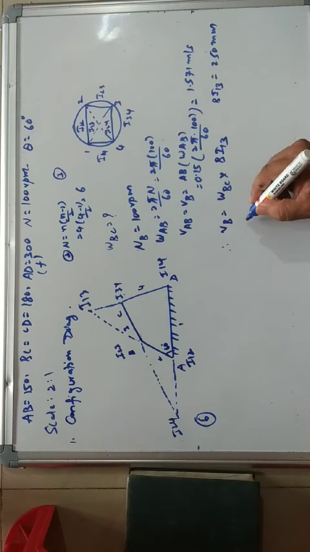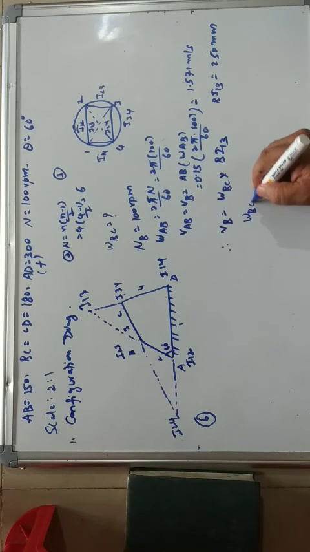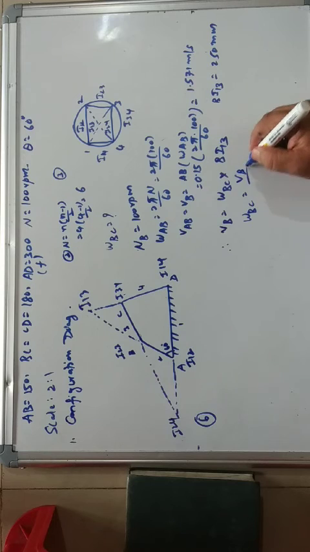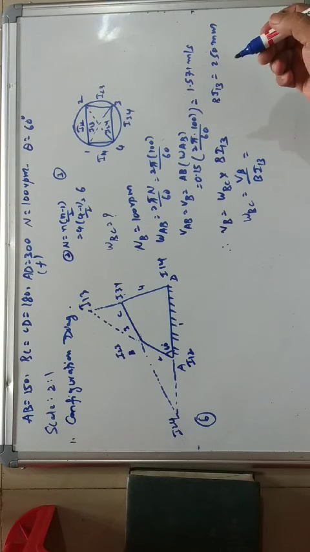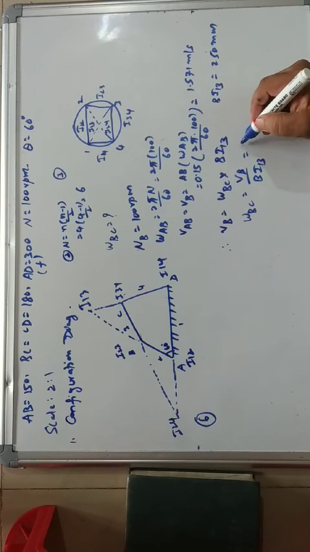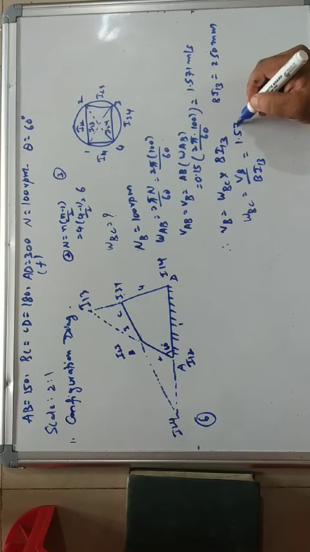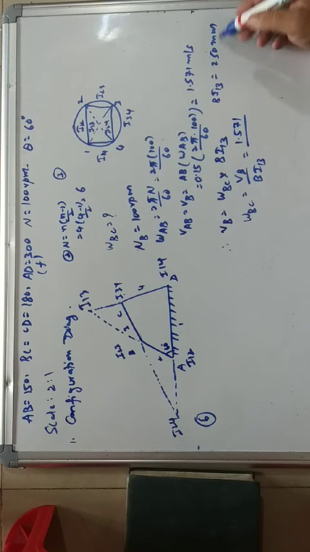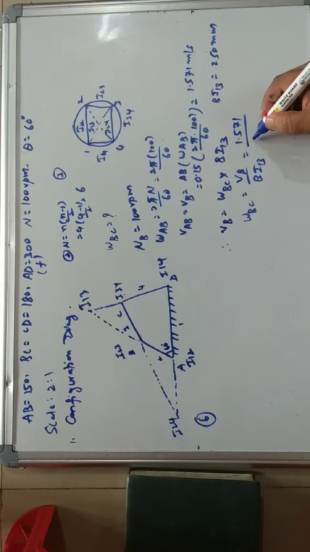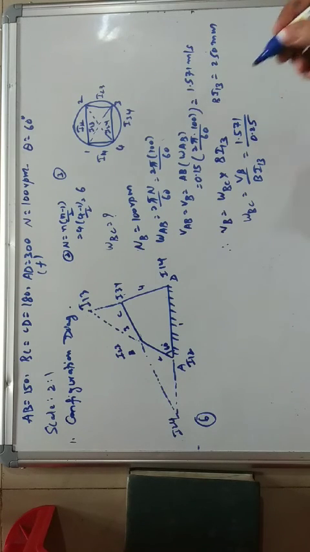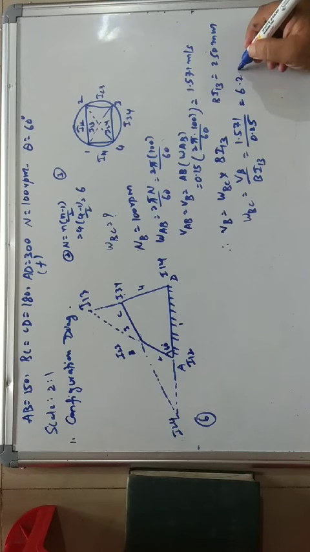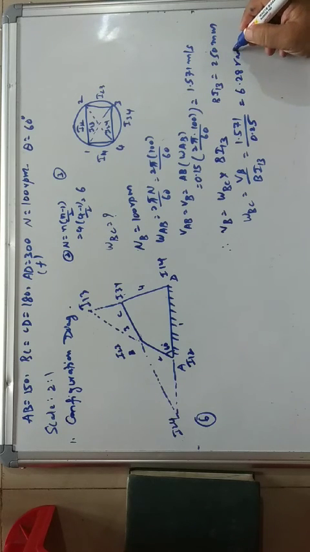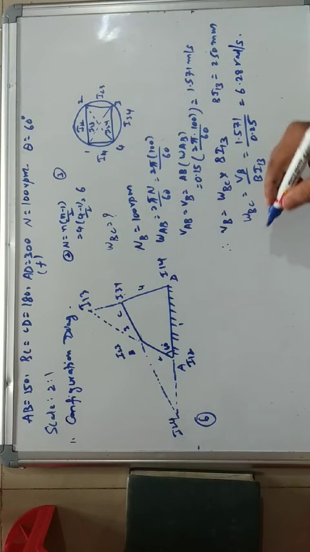Therefore omega BC is equal to VB divided by B I13. VB we already calculated as 1.571 meters per second, divided by B I13, 250 millimeters, which is 0.25 meters. The value we get is 6.28 radians per second. This is how the velocity is calculated.